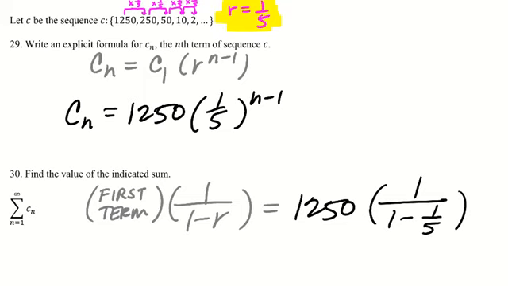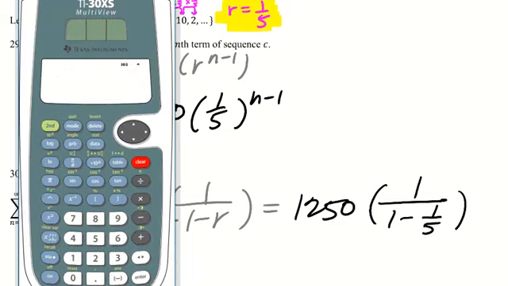Okay, so that's 1250 multiplied by, I need that fraction bar, 1 over 1 minus 1/5. Type it in just like you see it. 1,562.5.